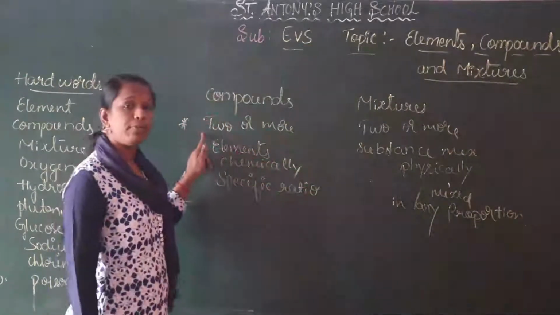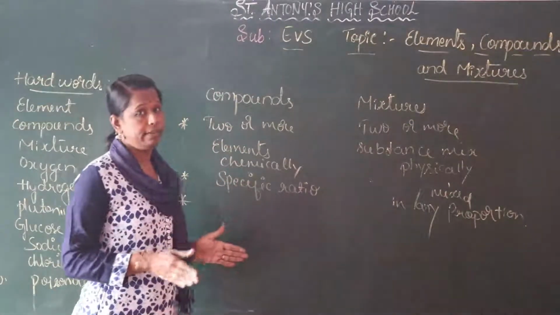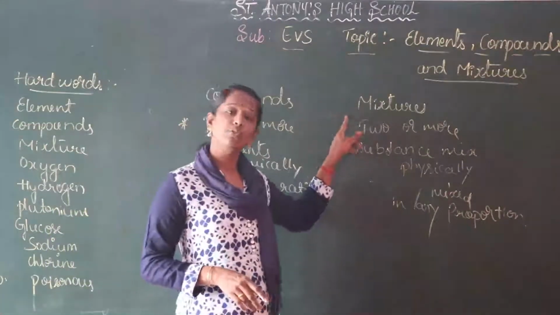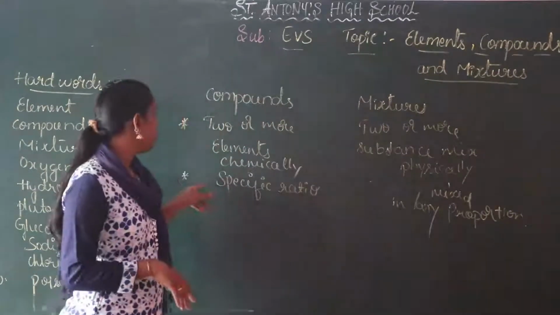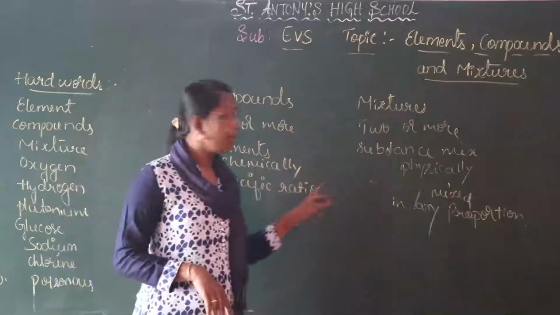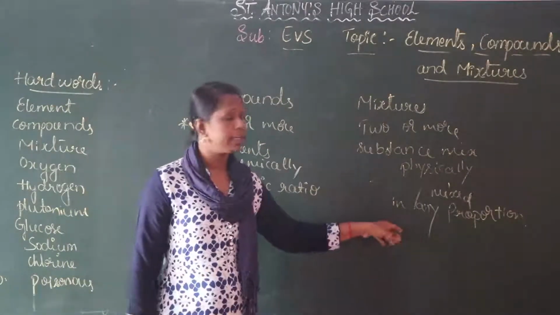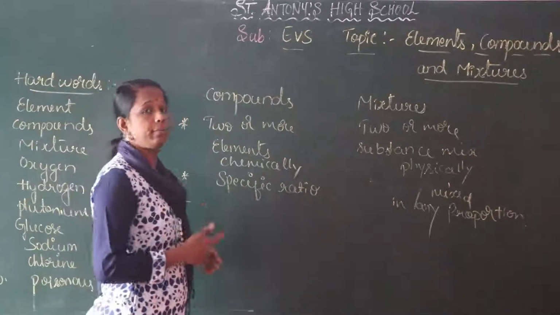These are some of the differences between compounds and mixtures. Compounds are made up of two or more elements chemically combined, whereas mixtures are two or more substances mixed physically. Second difference: compounds have a specific ratio, but mixtures have no specific ratio and can be in any proportion.